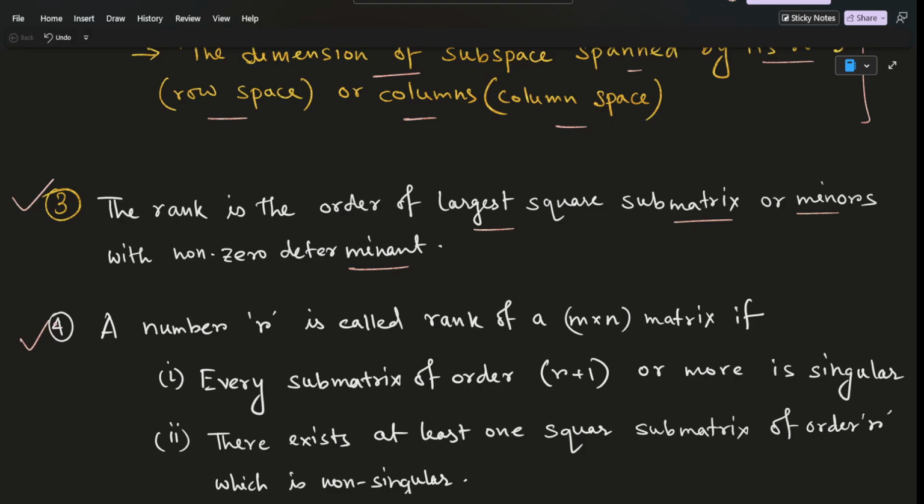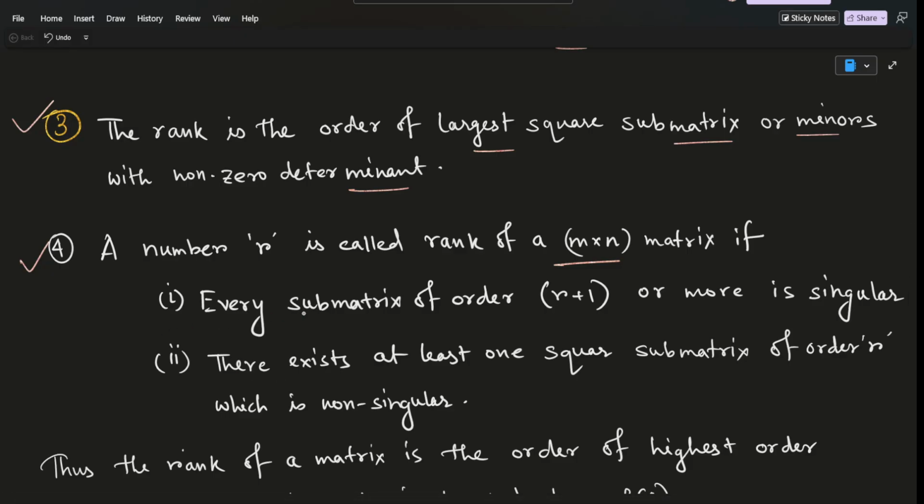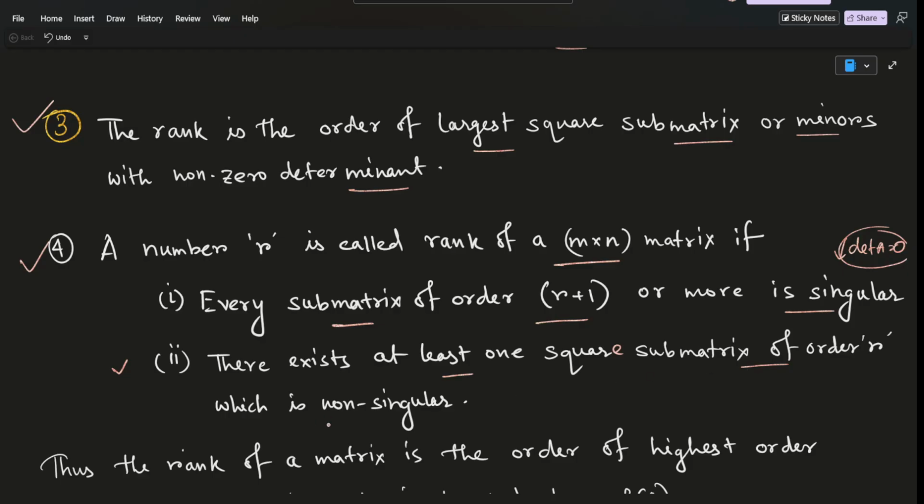Number four: a number R is called the rank of a matrix of order m by n if, number one, every submatrix of order R plus 1 or more is singular. Singular means the determinant is 0. And number two, there exists at least one square submatrix of order R which is non-singular.